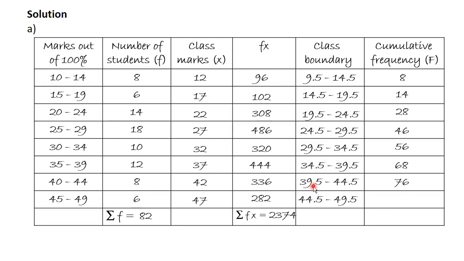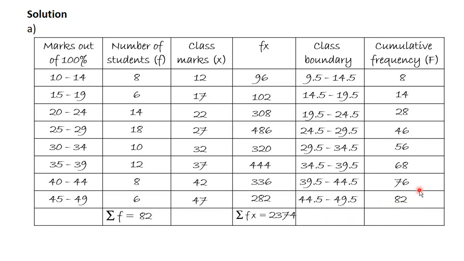And then lastly 76 plus 6, that is 82. Yeah, so the last value here must correspond to the summation of f. If it is not corresponding, then there must be some error somewhere. So since we have 82 and 82, then we are okay to go.